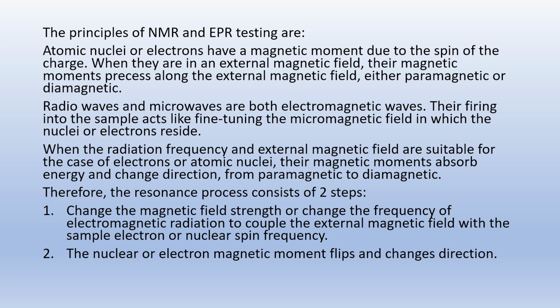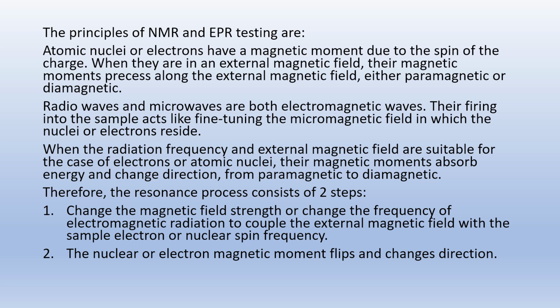Firing them into the sample acts like fine-tuning the micro magnetic field in which the nuclei or electrons reside. When the radiation frequency and external magnetic field are suitable for the electrons or atomic nuclei, their magnetic moments absorb energy and change direction from paramagnetic to diamagnetic.